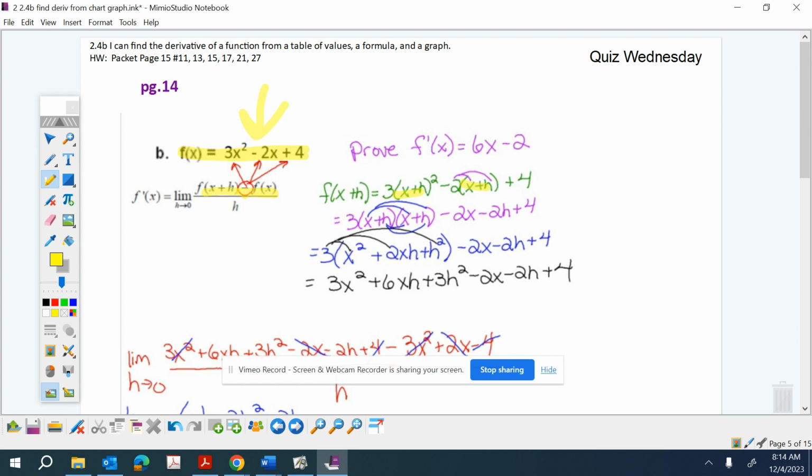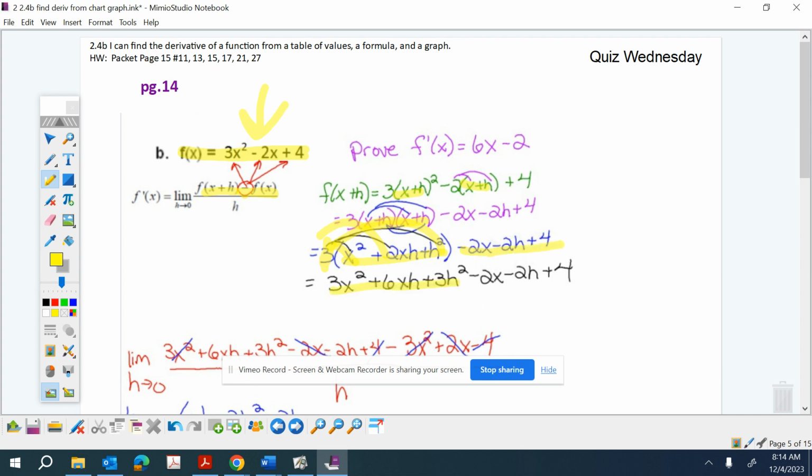I'm going to FOIL x plus h times x plus h before I multiply by 3. Once I have the trinomial by FOIL, then I'm going to distribute the 3. I'm going to subtract the negative 2 times x plus h, making it negative 2x minus 2h plus 4.